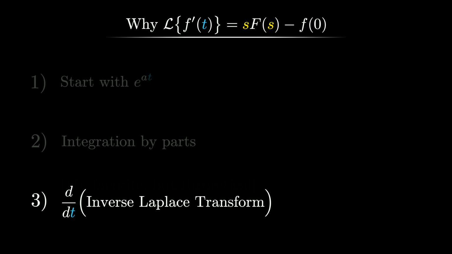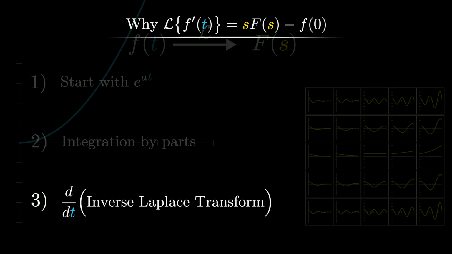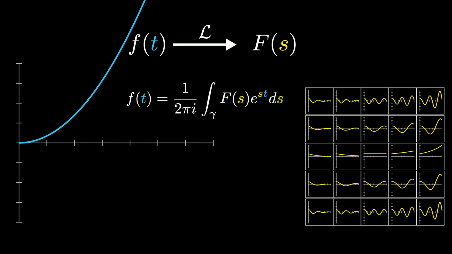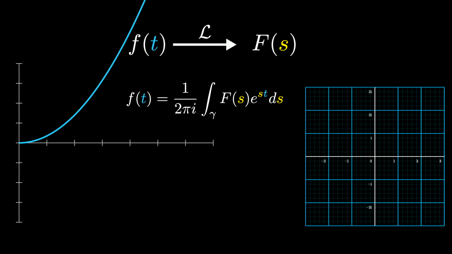The third explanation, at least in my own head, is what really shows why the property is not just true, but woven into the fabric of what a Laplace transform was born to do. The caveat is that it requires understanding something we haven't talked about yet, known as the inverse Laplace transform. This is something you might have already started wondering about.